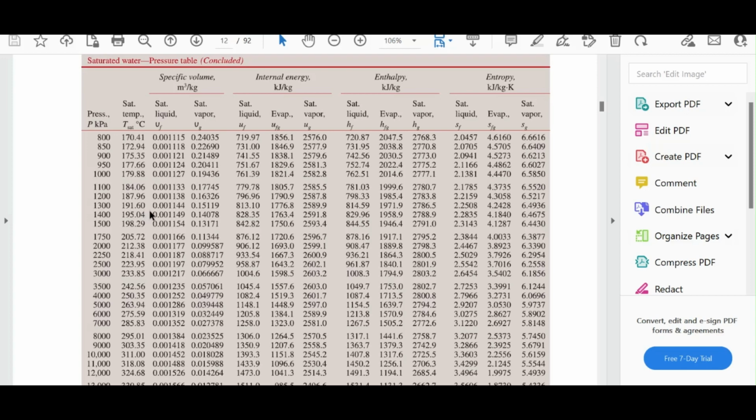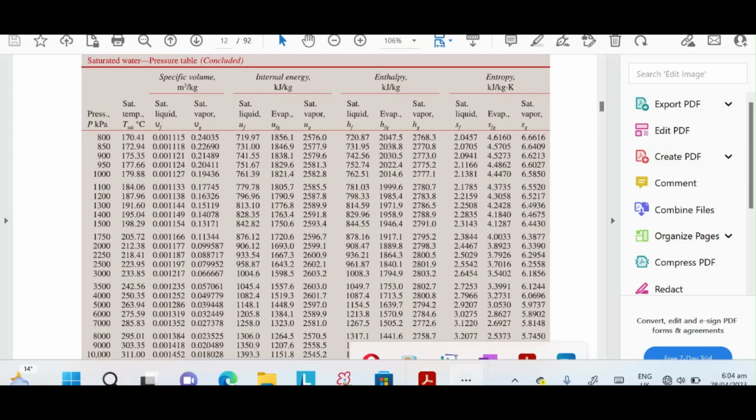So that is the same temperature for state 5. But for now we're at state 6, so we just read off HF, which is 814.59.